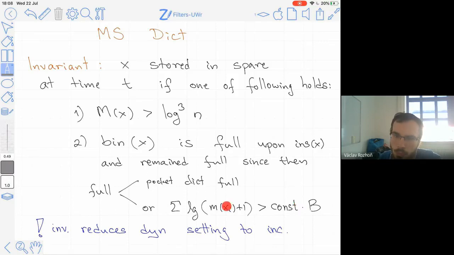I want to show that the number of elements sent to the spare due to this condition is bounded by n over log cube n.